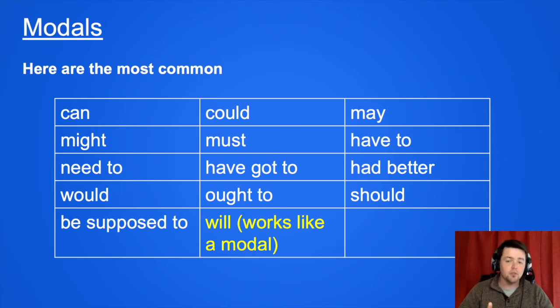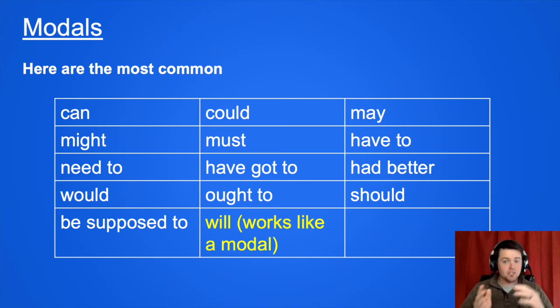Now be careful. Some of these modals include the word to, like have to, need to, have got to, ought to, be supposed to. If the modal includes to, then use to. But if it doesn't include to, then don't. Remember, it's modal and then the base verb. So it's not can to go, it's can go.